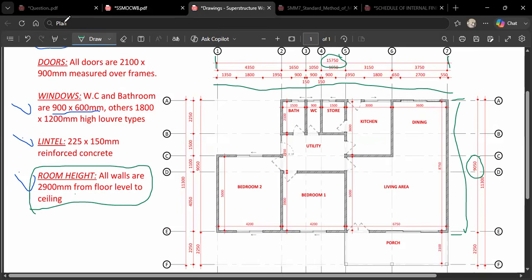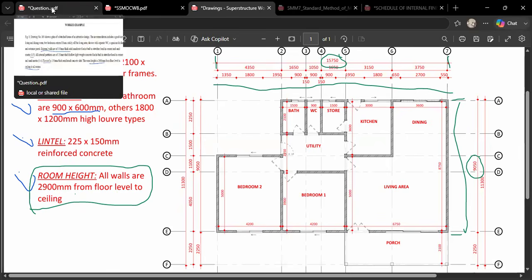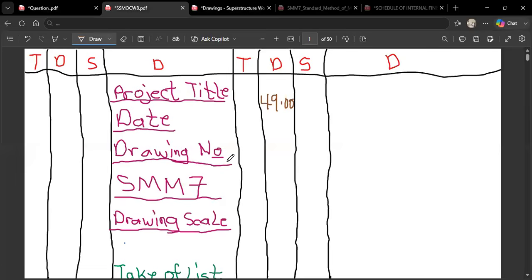So we are going to multiply that by the overall area. Okay. So now that is this times 2.90.